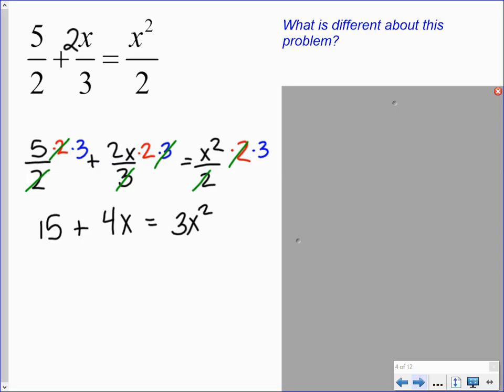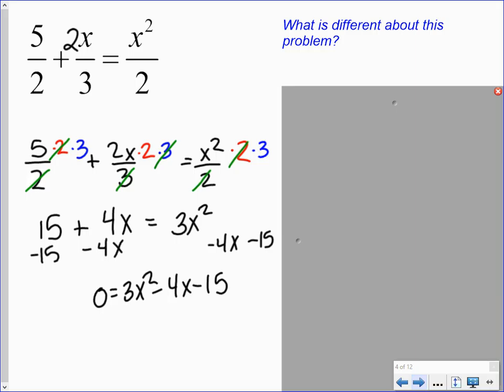And now I would do the same thing that I did before, make one side equal 0. I'm going to subtract the 15 and subtract 4x from both sides. Those are not like terms with the 3x squared. So I'm going to get 0 equals 3x squared minus 4x minus 15.